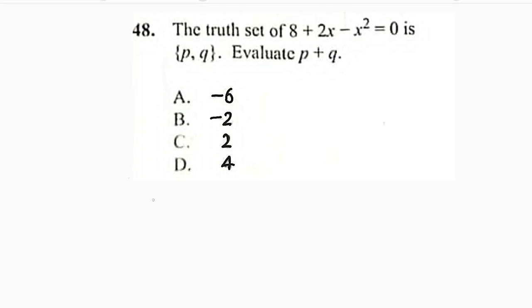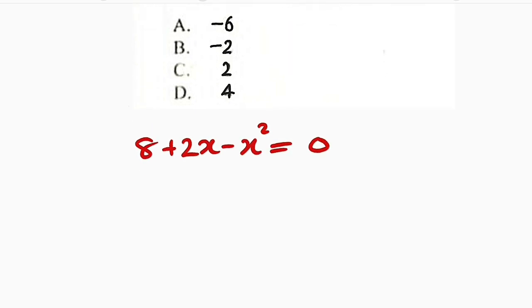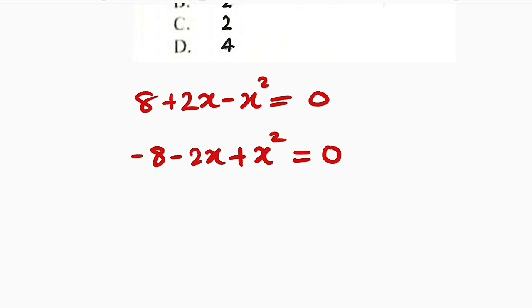Let us find them. So if we have 8 plus 2x minus x squared equal to 0, let us multiply every single time by negative sign. Negative 8, negative 2x, then plus x squared. Now all of this equal to 0. Think of two numbers you can multiply together to get negative 8, but when you add them together, you get negative 2.